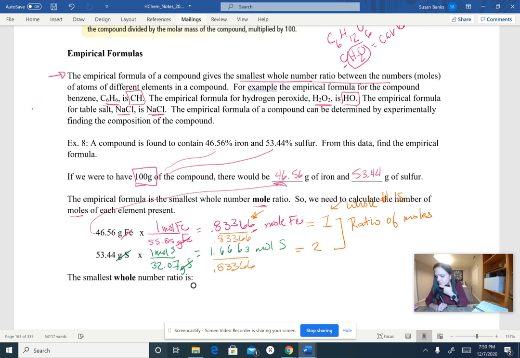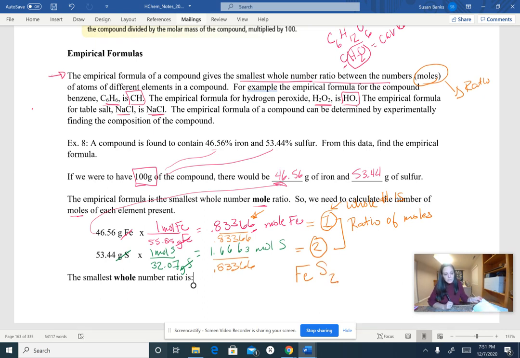And isn't a subscript really a ratio of moles? Isn't that what I told you guys up here? Isn't this a ratio of moles with the subscript in our formula? So that means I can write my formula with 1 iron and 2 sulfurs. Okay?